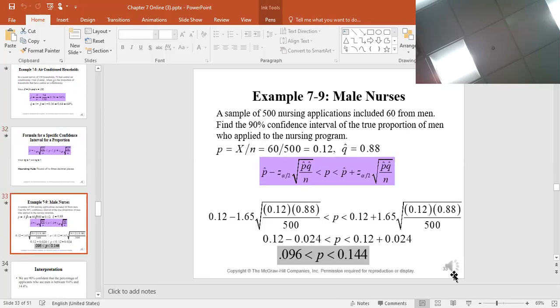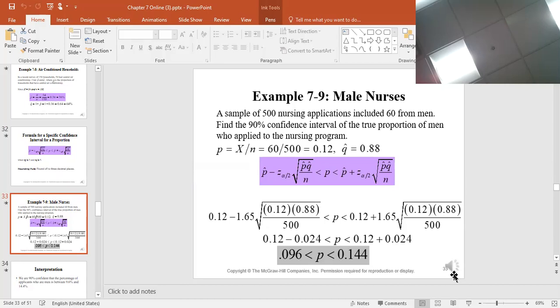Let's do another example. A sample of 500 nursing applications includes 60 from men. Find the 90% confidence interval of the proportion of men who apply to the nursing program.